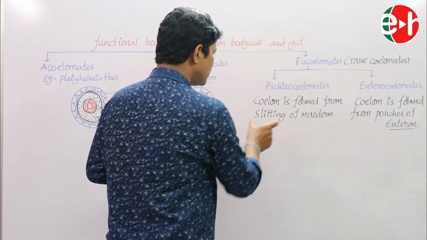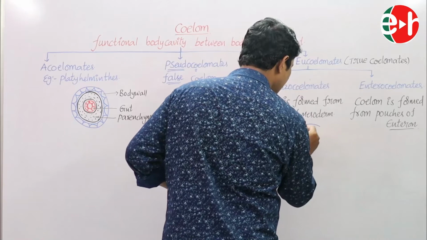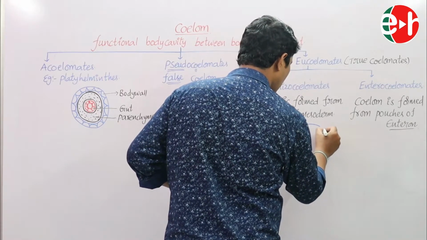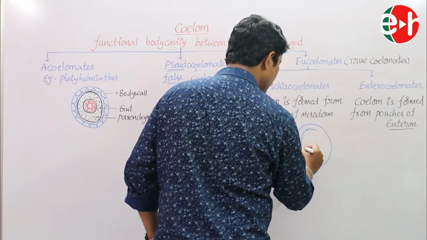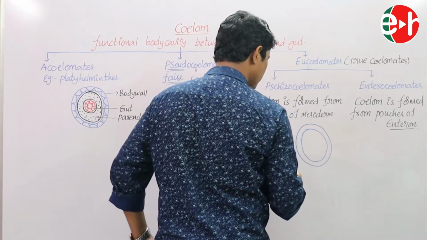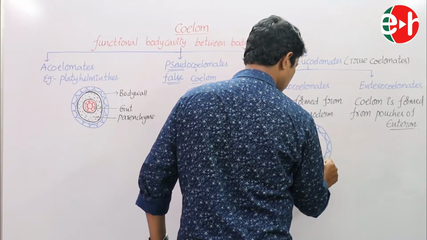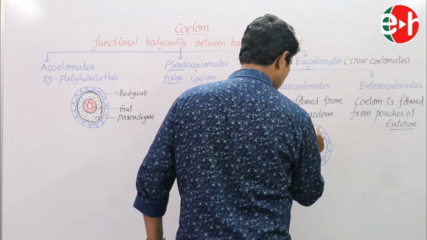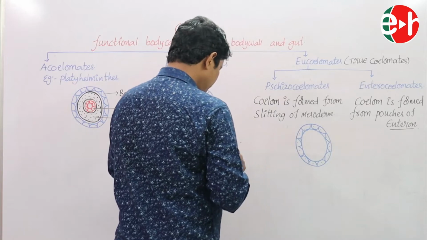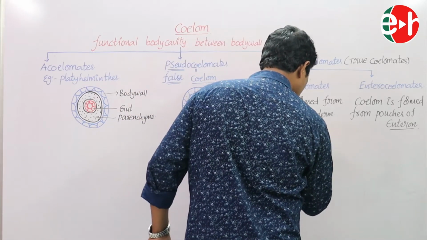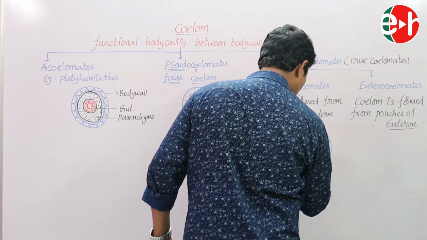Enterocoelomates. So in these coelomates, for example, this is the outer layer called ectoderm, the outer layer body wall, and this is the inner layer, the gut or alimentary canal or inner organs.